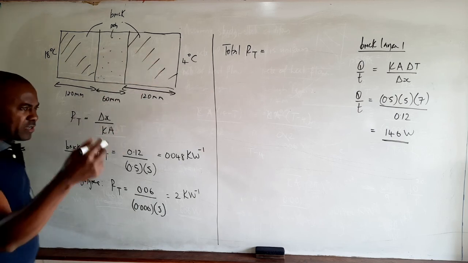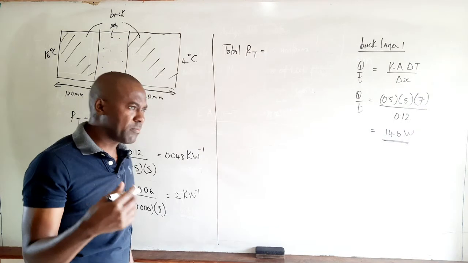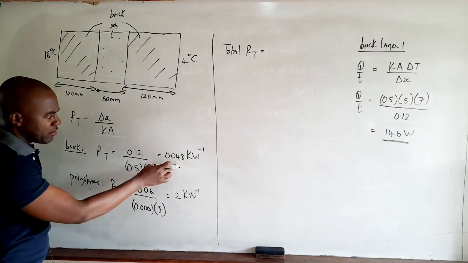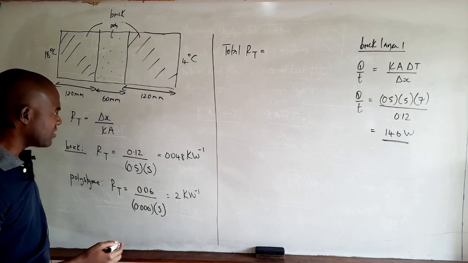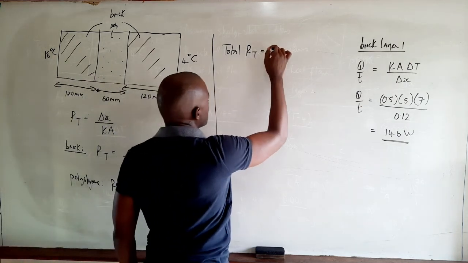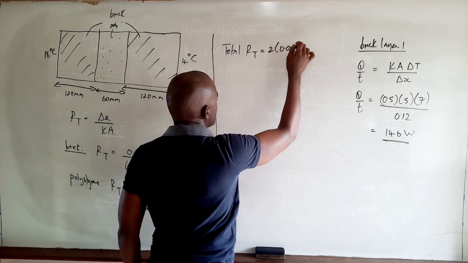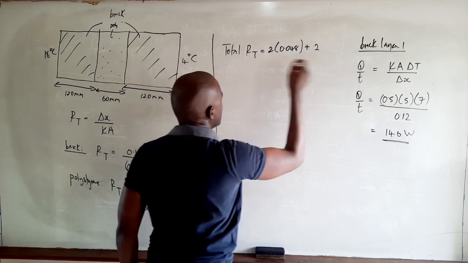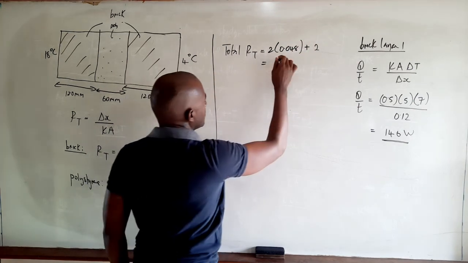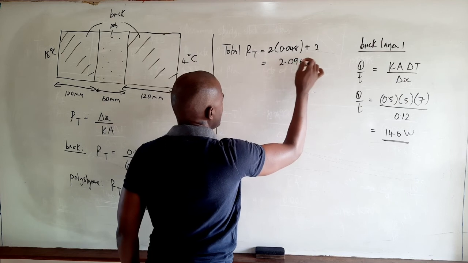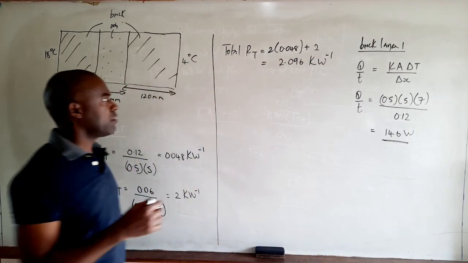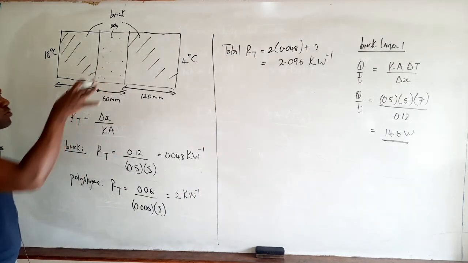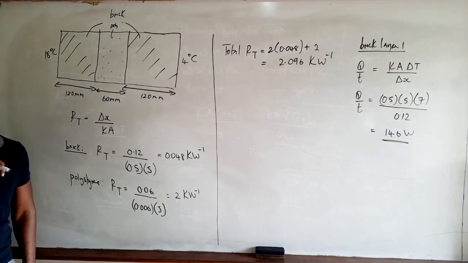But because the 2 layers of brick are identical in terms of their dimensions, we'll just multiply the thermal resistance of one by 2 and add it to the thermal resistance of the polystyrene. So this is 2 times 0.048 plus 2, which gives us 2.096 Kelvin per watt. So that is the total thermal resistance of this composite brick wall.